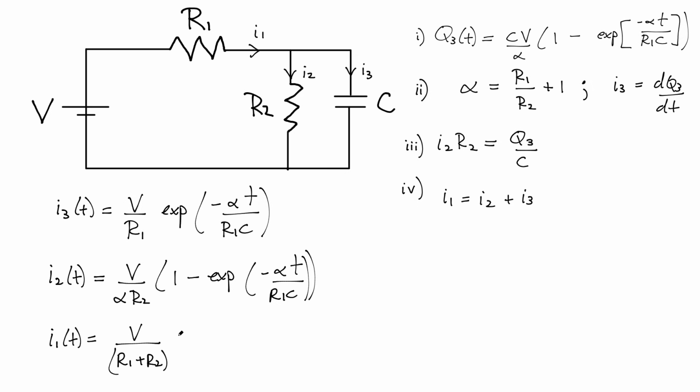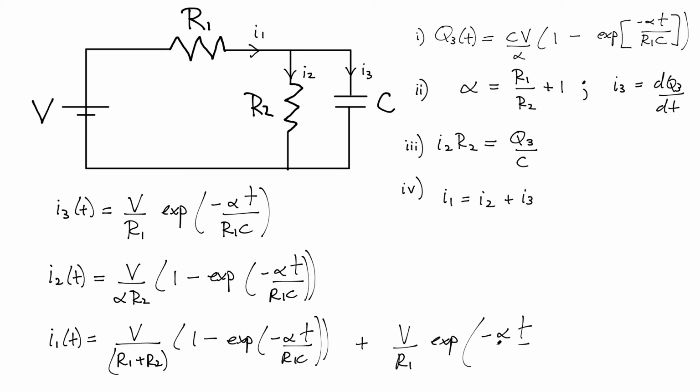You'll have to group some of the terms just to see how things are done, but it's very straightforward. Same exponential factor with R1C, plus V over R1 times the same exponential function that we've seen throughout this problem. So there you have it, folks. That's the three currents in the three different branches as a function of time.